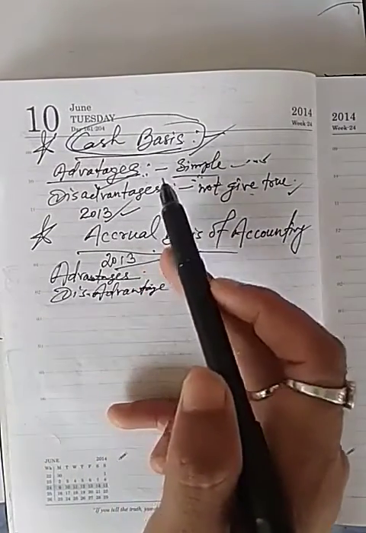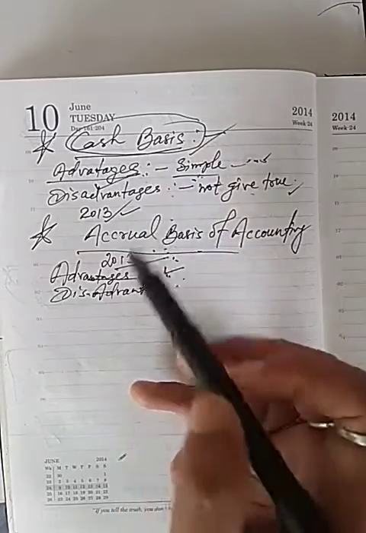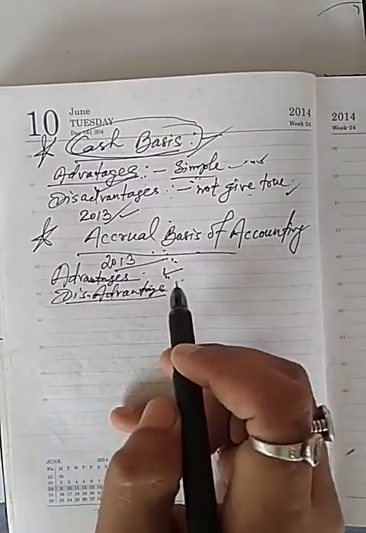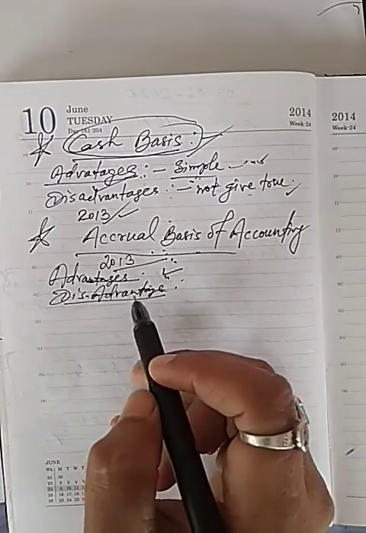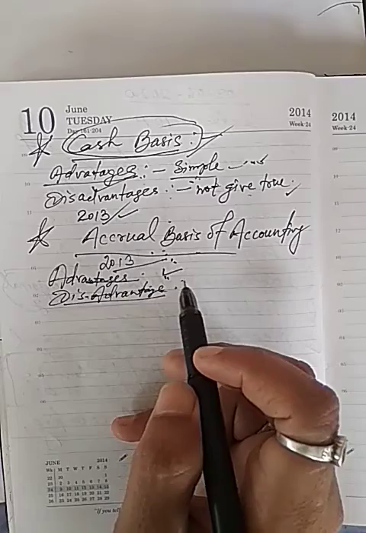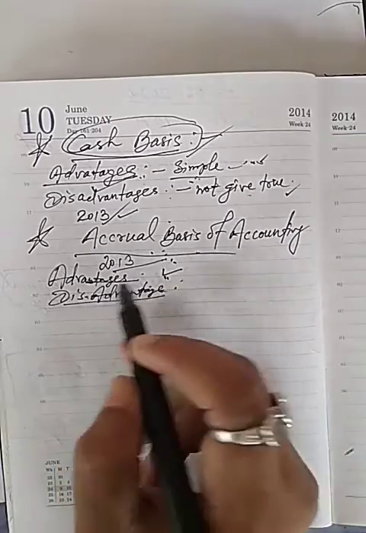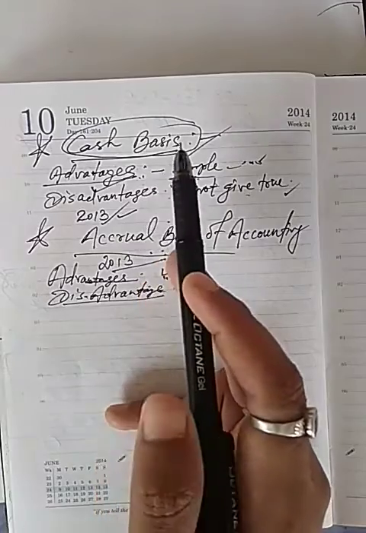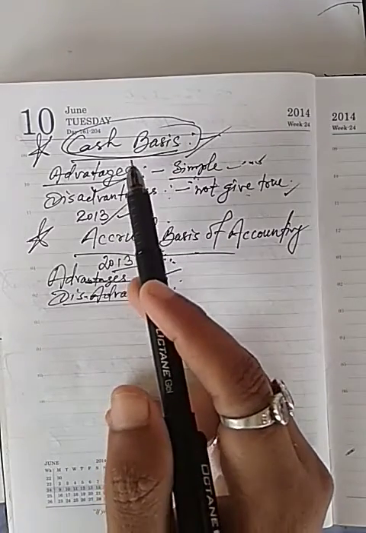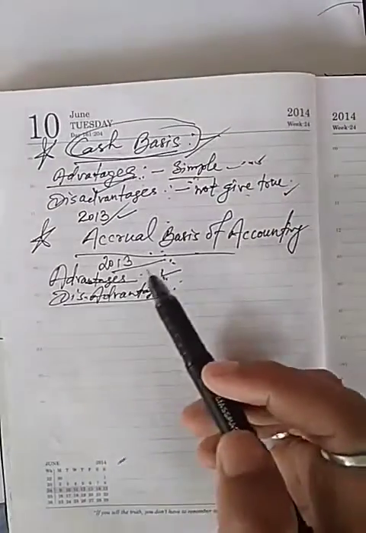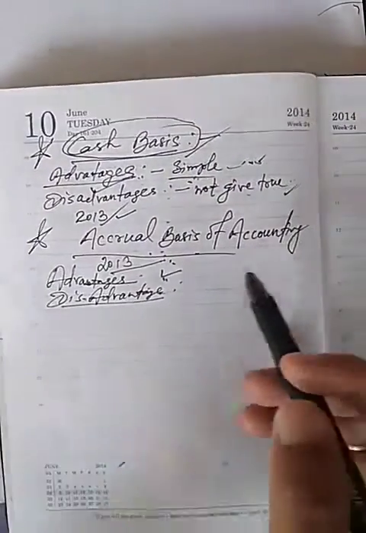Cash basis of accounting is very simple, but this is not simple. It requires the use of estimates and personal judgment also, but cash basis of accounting does not require personal judgment. So these are the disadvantages.